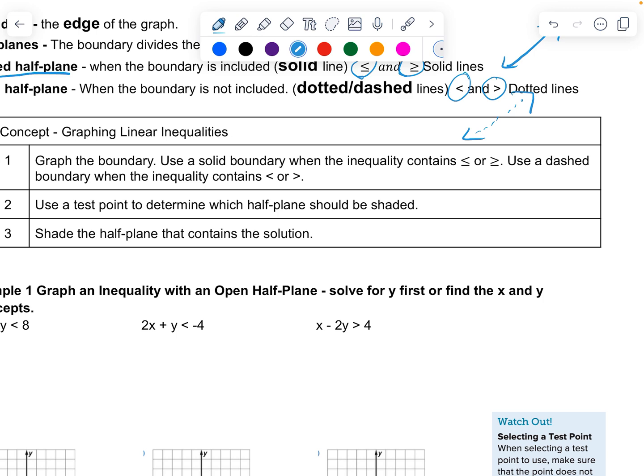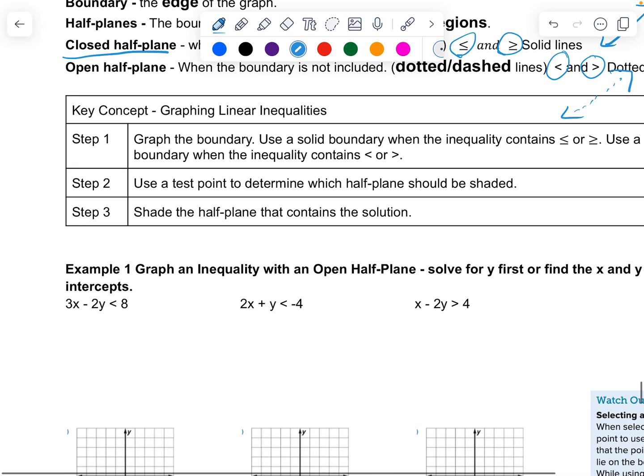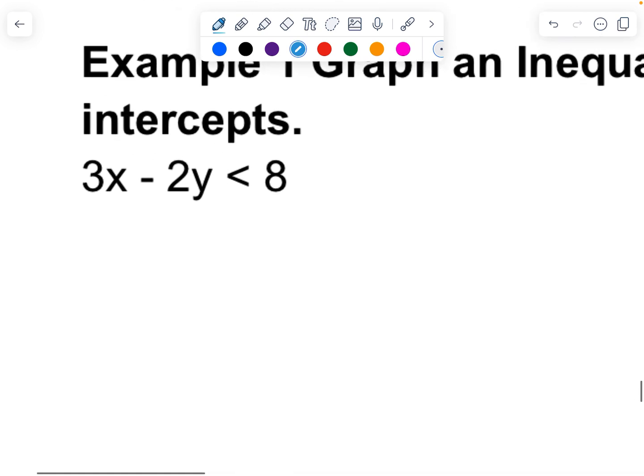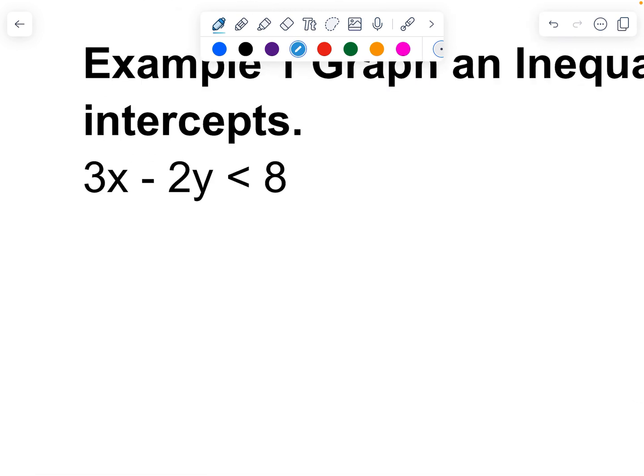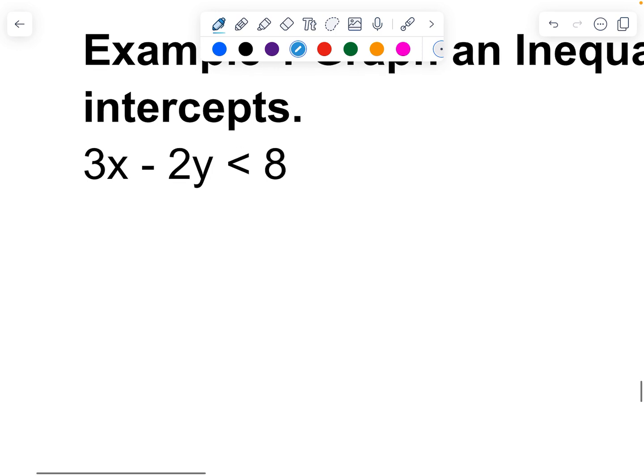Basically we're just graphing like we've done before. Now, could you do this with the y-intercept and x-intercept? Yes, but 3 doesn't go into 8.